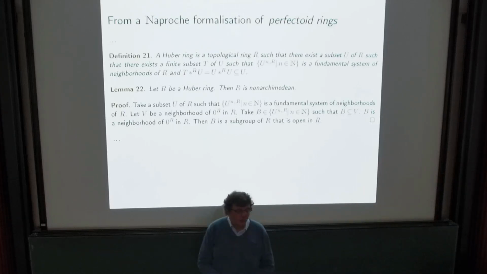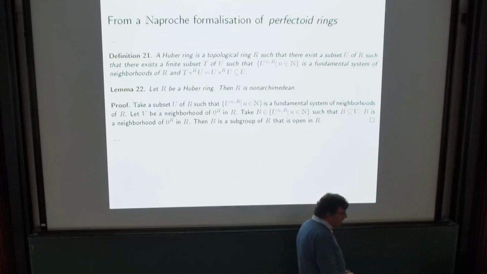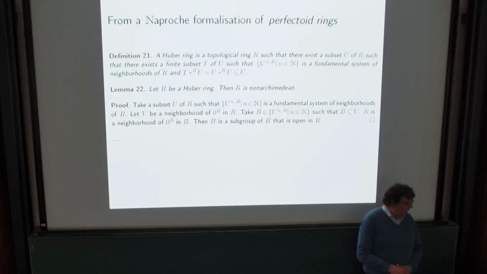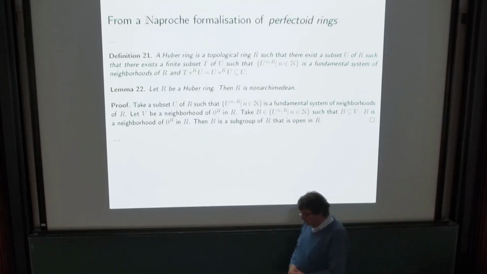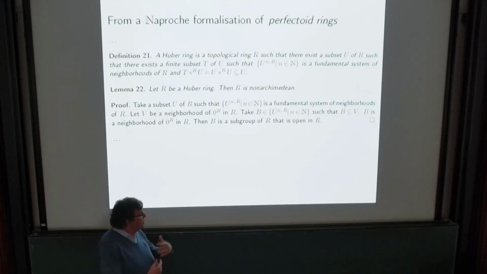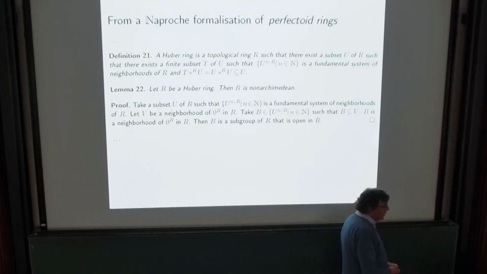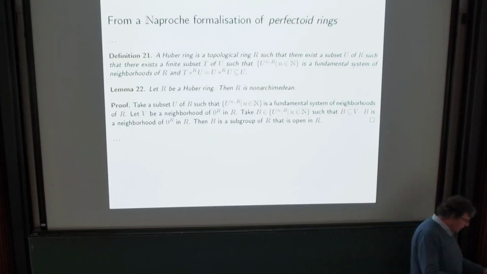So I would warn people who would go on and say, no, let's formalize perfectoid spaces. But I think in principle, it should be possible, because what I did is I followed the Lean formalization and tried to basically go along the same path and do that in Naproche.